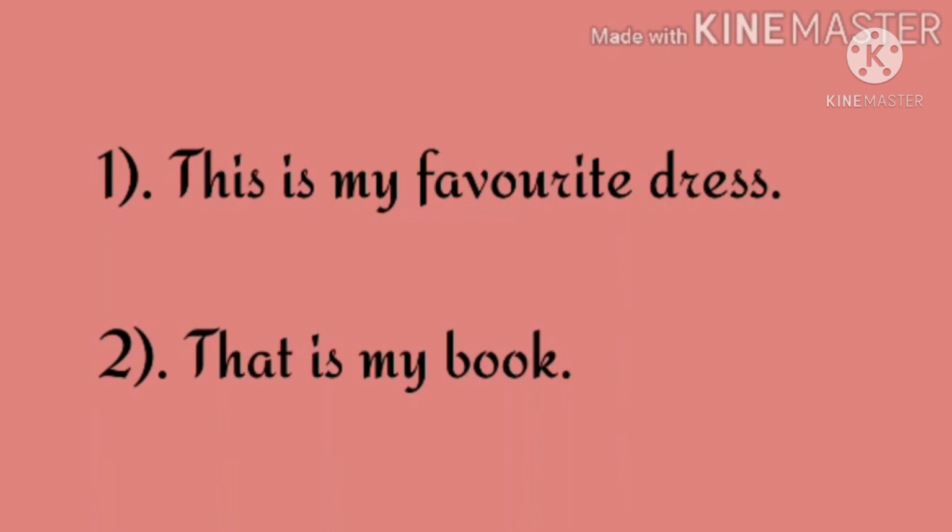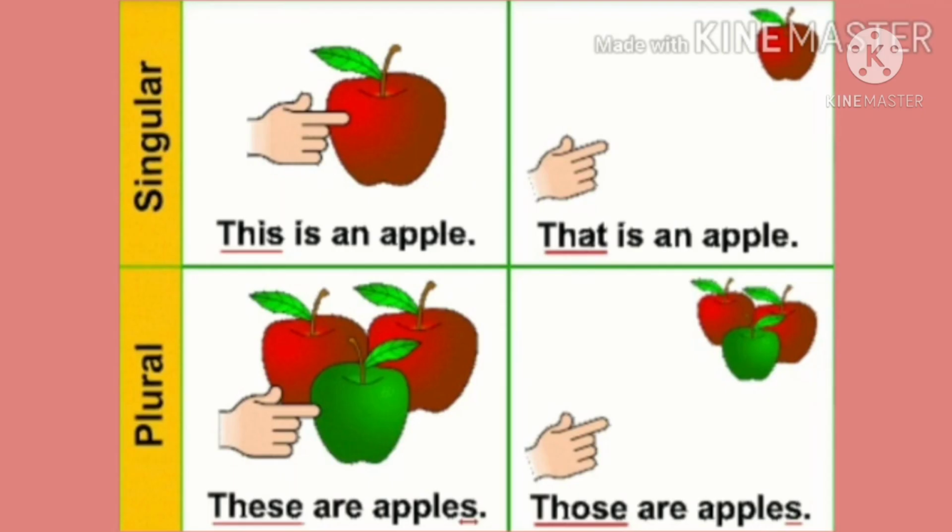So the pointing words like this, that, these, those, in English grammar, these words are known as demonstrative pronouns. Clear? Children, demonstrative pronouns point towards something based on number and position of noun.